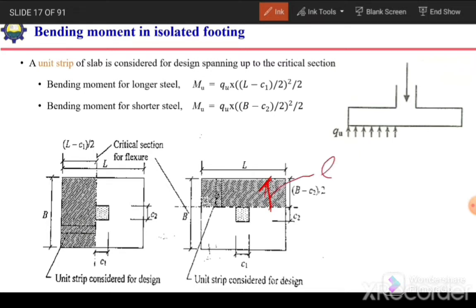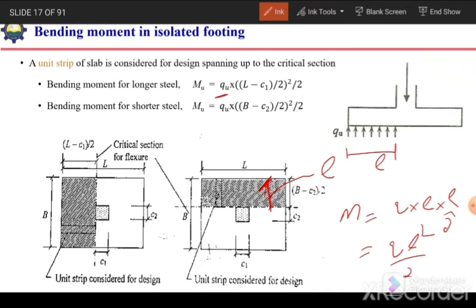If this distance is L, the bending moment will be equal to Q times L by 2, or Q times L square by 2. This is actually Q, this is the span, and its square by 2. So it is the uniformly distributed load under this unit strip multiplied by the length of this unit strip, or the span of this unit strip, multiplied by L by 2, the centroidal distance up to the critical section.